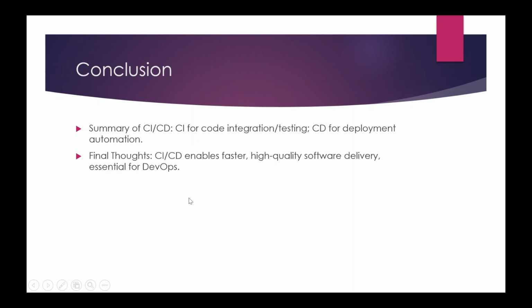CI/CD enables faster, high-quality software delivery, essential for DevOps. If you are in DevOps, you'll have to use CI/CD tools, and you'll have to implement CI/CD to reduce your release cycle, and deliver your software quickly to your users.